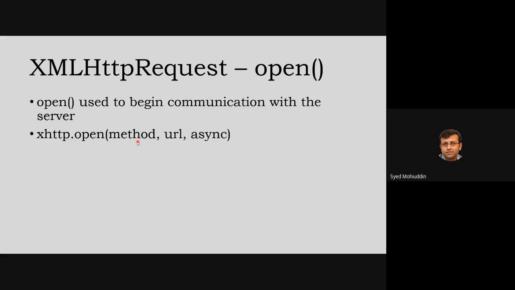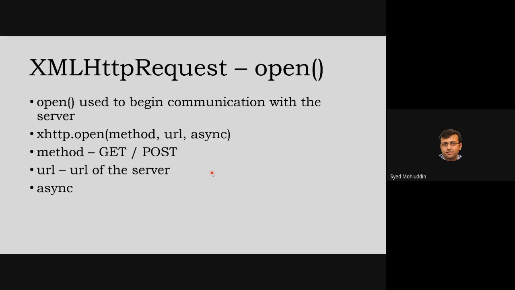The first thing is the method, which is get or post. The second thing is the URL, the resource on the server through which we want to communicate. And the third thing is the asynchronous parameter. If it is true, it is asynchronous communication. If it is false, it is synchronous communication.